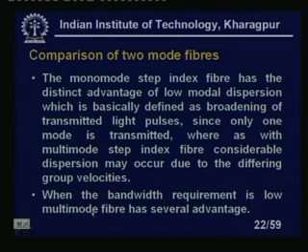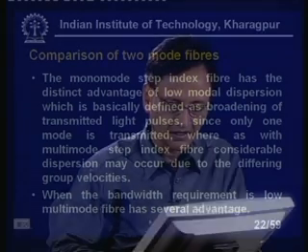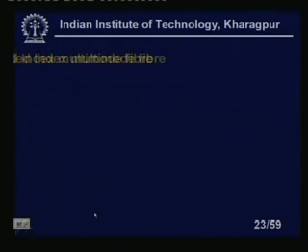When the bandwidth requirement is low, the multimode fiber has several advantages. Obviously, in the case of multimode fiber the bandwidth will be narrower. Now, what are the advantages? In the case of multimode fiber, we do not have any restrictions on the transmitter, because to transmit light you can use either a light emitting diode (LED) or laser sources. Since the light emitting diode disperses the rays a little, it can be used for transmission in this case.